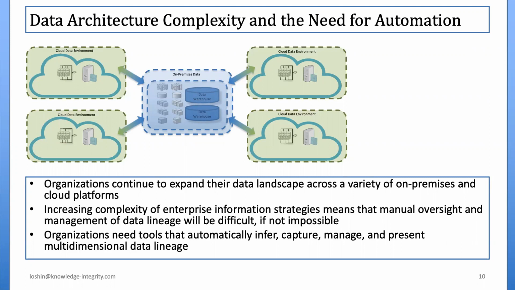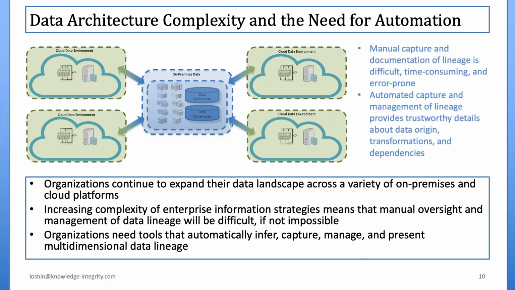The complexity of these data strategies means that manual oversight and manual management of data lineage is going to be difficult, if not impossible. And so organizations are going to need tools that automatically infer, capture and manage, and provide a visual presentation that is intuitive to the data consumers, with details into this multi-dimensional data lineage.